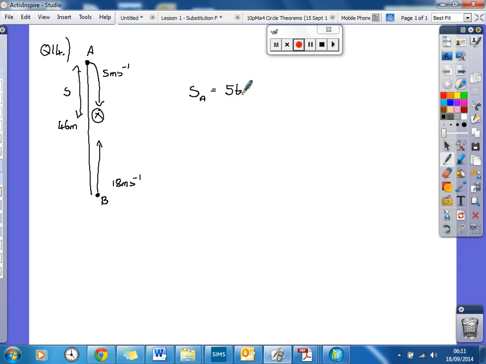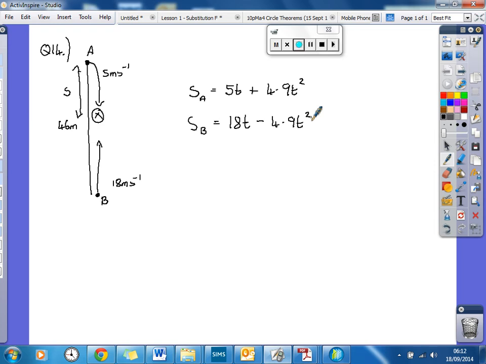Now because it's going with the acceleration, they are the same sign, so I'm going to add 4.9t squared. An expression for the displacement of B: ut, so 18t. Now because acceleration is going against the direction of s, then it's minus 4.9t squared. Now this is the interesting bit.